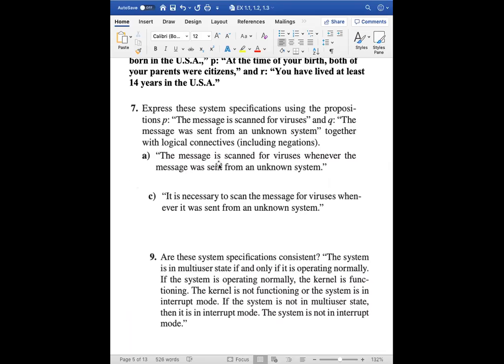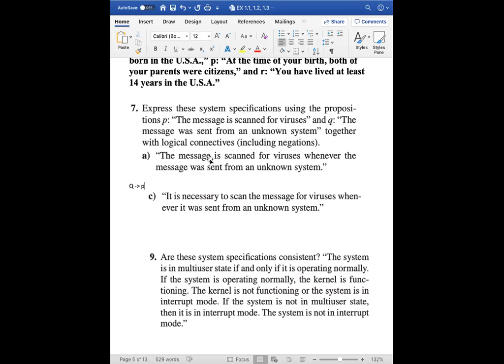So first we have: the message is scanned for viruses whenever the message was sent from an unknown system. This one will be represented through implication again. So we have Q, which represents the message was sent from an unknown system, which implies that the message is scanned for viruses.